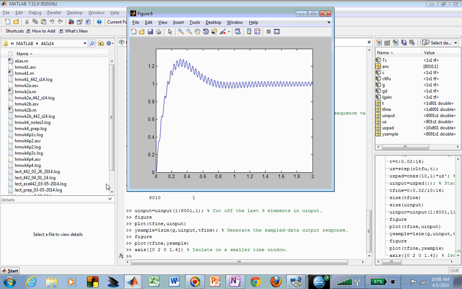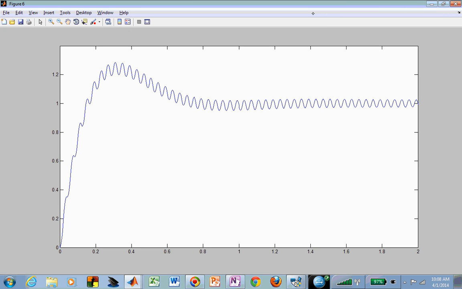And that's now my inner sample ripple behavior that I had. And I could look at the input waveform also and examine that behavior, but we've already sort of seen what that does.